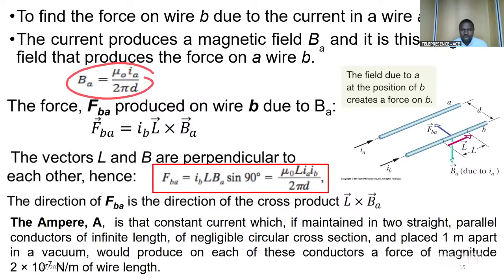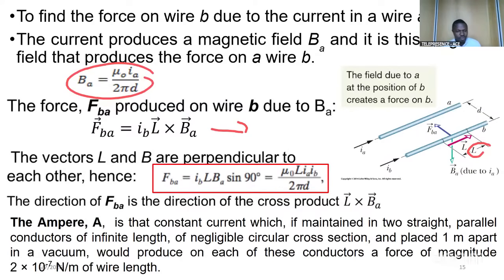When we get this one, to determine the force, the force FB produced on wire B due to the magnetic field is going to be this one. That is the field due to A at the position of B, which creates a force on B. Since L here is a vector length, the vector L and B are perpendicular. If they are perpendicular, the angle gives sine 90 degrees.